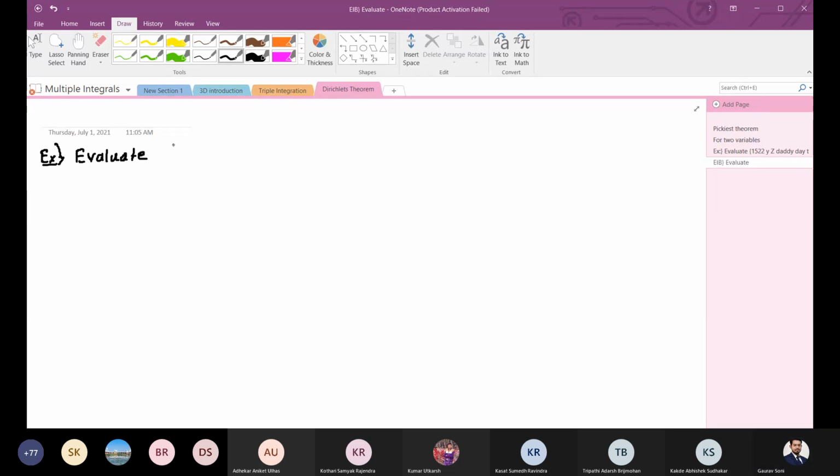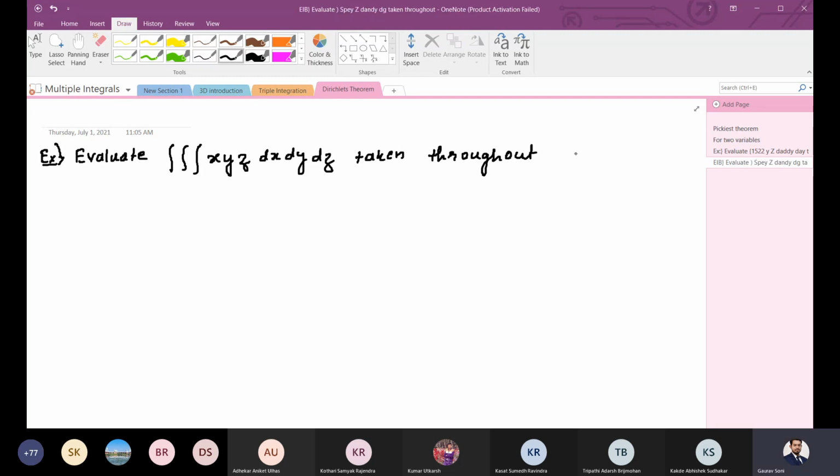Evaluate the triple integral of x y z dx dy dz taken throughout the ellipsoid x square upon a square plus y square upon b square plus z square upon c square less than or equal to 1 in the first octant.